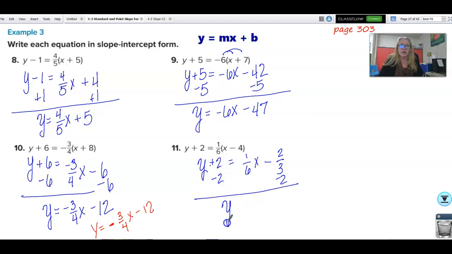And that gives us y equals 1/6 x. And -2/3 and -2 gives you -2 2/3. If you don't trust me, you can do it on a calculator. But while I make a lot of mistakes in some stuff, I really like fractions.